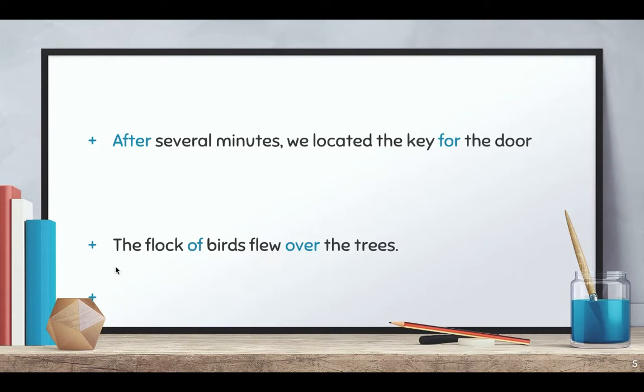And then in this example, the flock of birds flew over the trees. So of is one of our prepositions, and over is one of our prepositions showing position. So after several minutes, what we want to do, the next step before we go forward, we want to identify all of our nouns and our verbs.